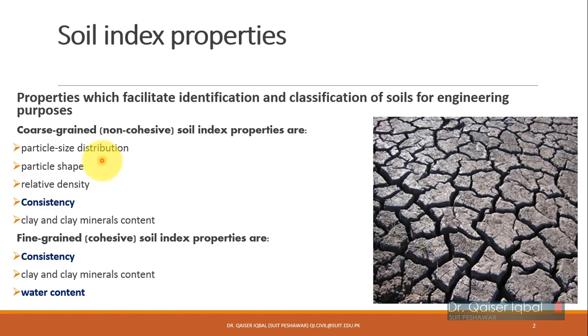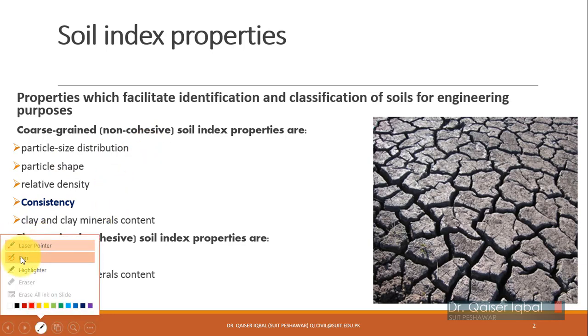Like in previous lectures, we already discussed well-graded sand, well-graded aggregate, poorly graded sand, or uniformly graded sand, etc. Some material was uniformly graded sand, some was well-graded sand, some was gap-graded aggregate or sand. So according to particle size distribution, you can say that different types of aggregates are different from each other.